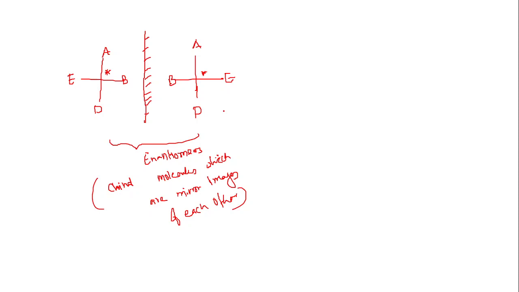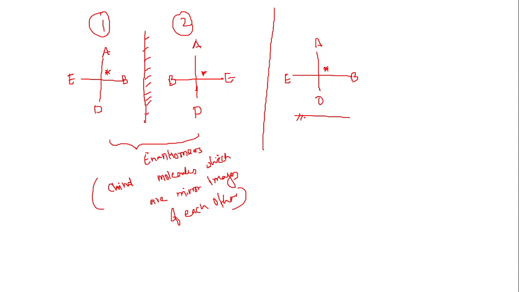Similarly, if you take the same molecule, let's call this 1 and this 2. If you take molecule 2 again and put a mirror below, that would lead to the same enantiomer being formed. This is a chiral carbon and we are putting a mirror here.